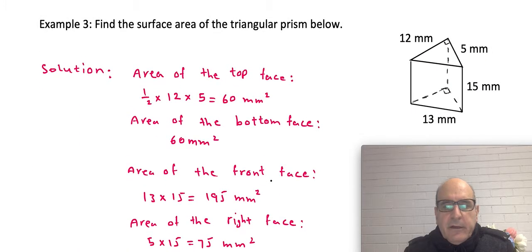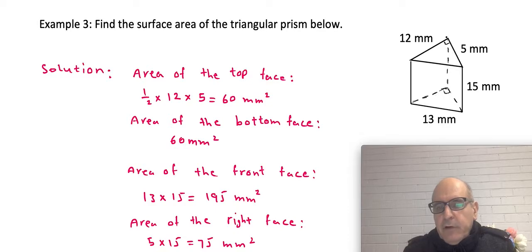Next one, we have again a triangular prism, but this time around we don't have the net, we have the actual triangular prism itself. We want to find the surface area. We have this area of the top, which is a triangle, and at the bottom there is the same triangle.